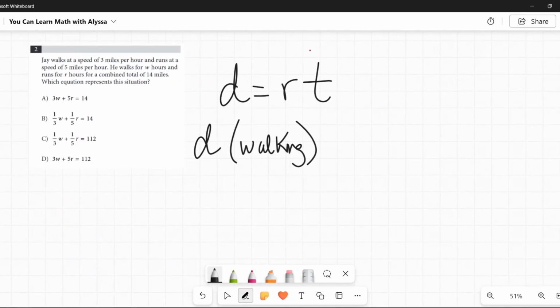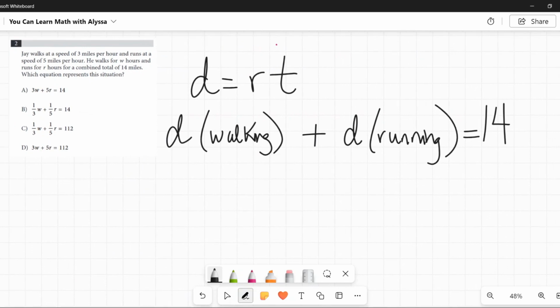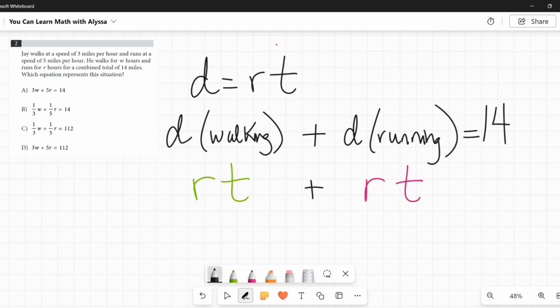The distance when walking plus the distance, and this is when he's running, would equal the total distance of 14 miles. Okay? With me so far, 2 distances. All right, now the distance when he's walking is a rate times a time. And the distance when he's running is a rate times a time. And together, those are going to equal 14.